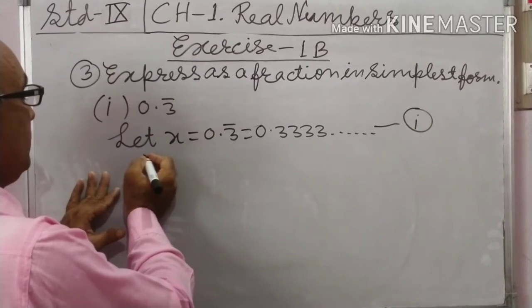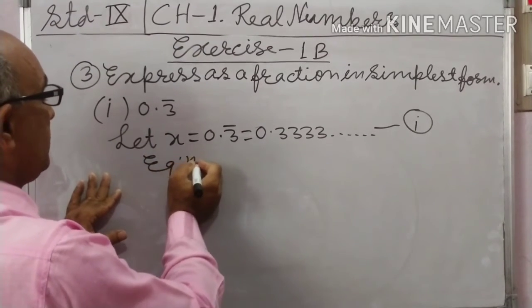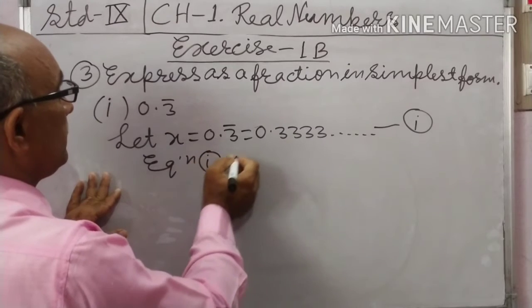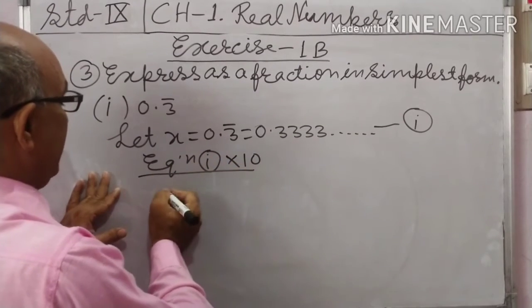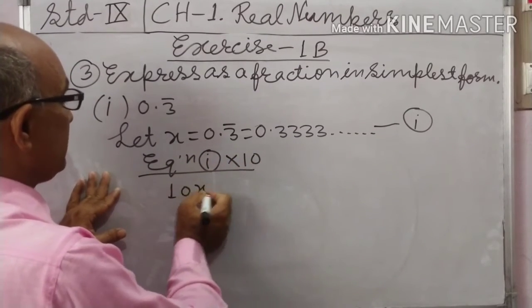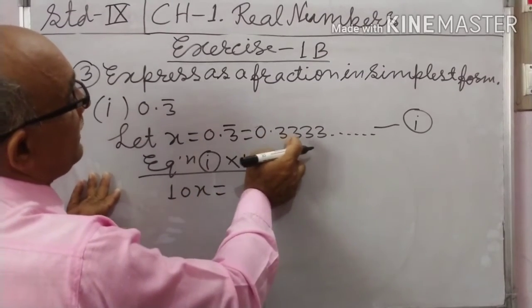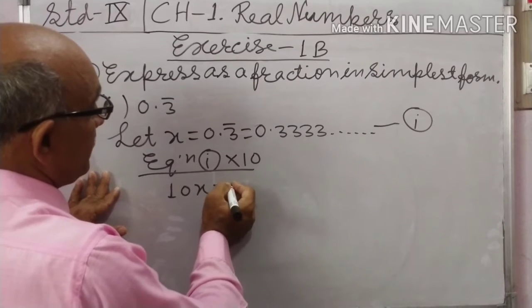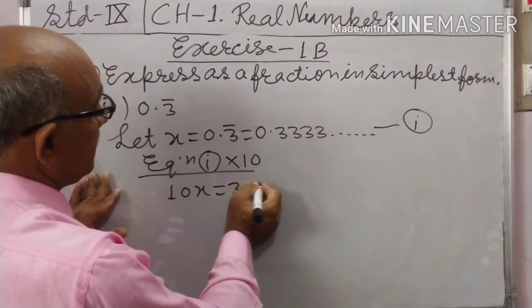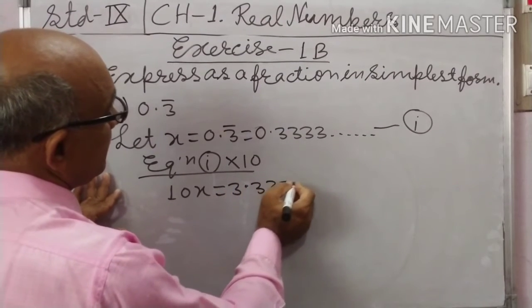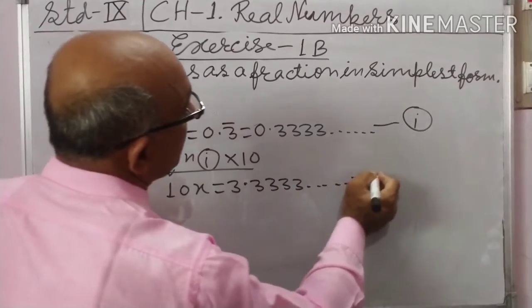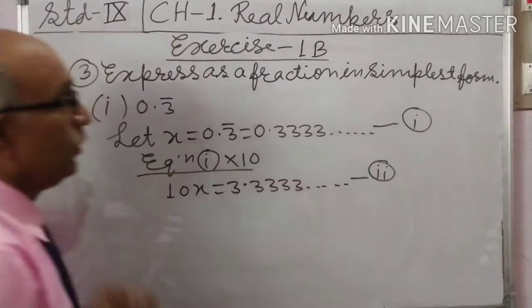Now equation 1, multiply by 10. So 10x equal to 0.3 into 10, so 3.3333 dot dot dot. It is equation 2.